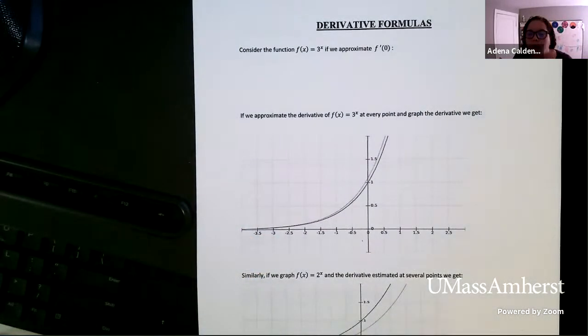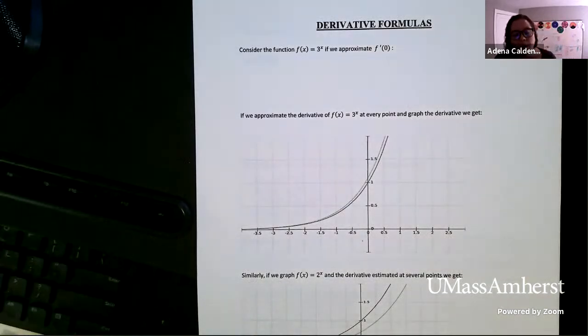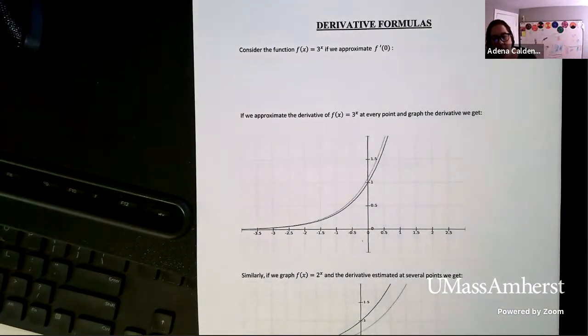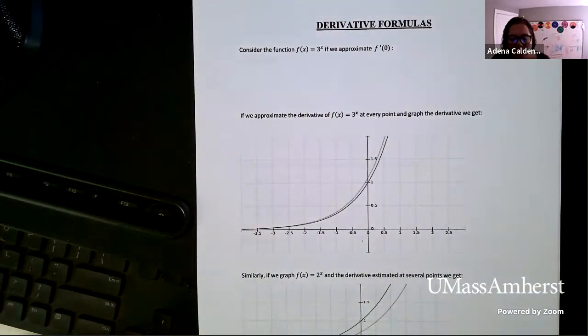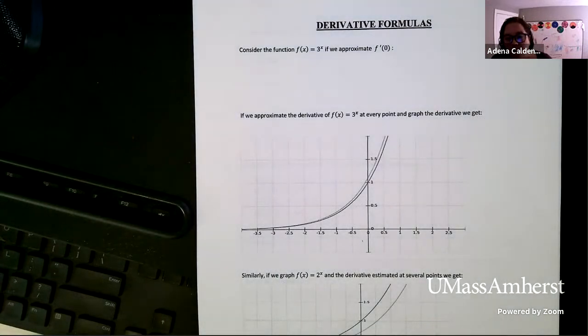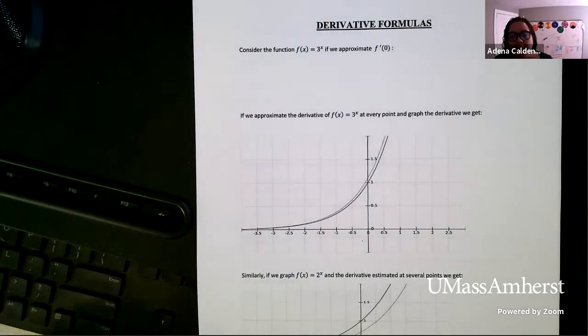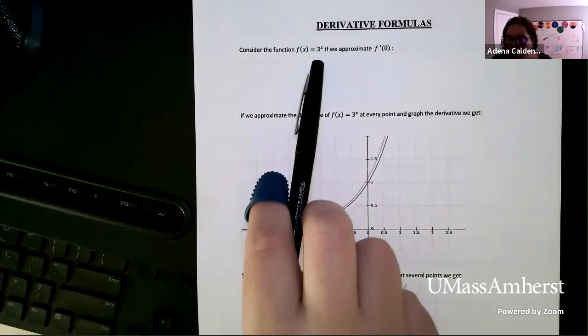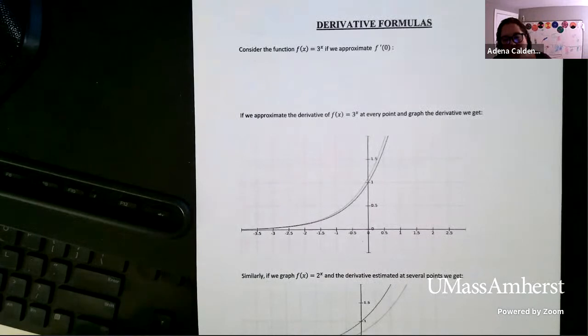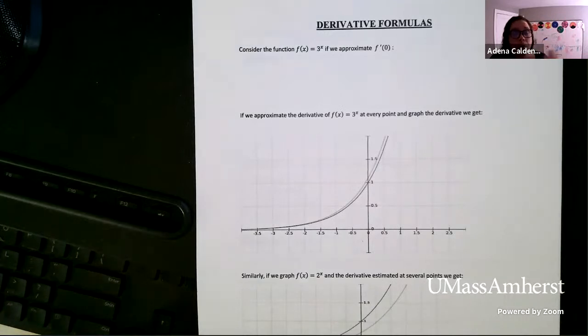Just like with polynomials and power functions, the way that we get our formulas is by evaluating the derivative using the methods we did in chapter 2. We're not going to do them out, but the idea is that if we wanted to figure out a derivative formula for 3 to the x, we would start by approximating at a point, to get f prime of 0 or f prime of 1 or f prime of 2, doing that average rate of change process for each and every one of those points.